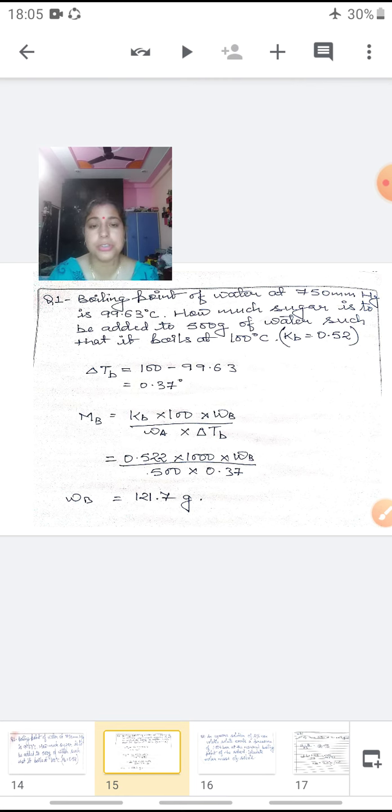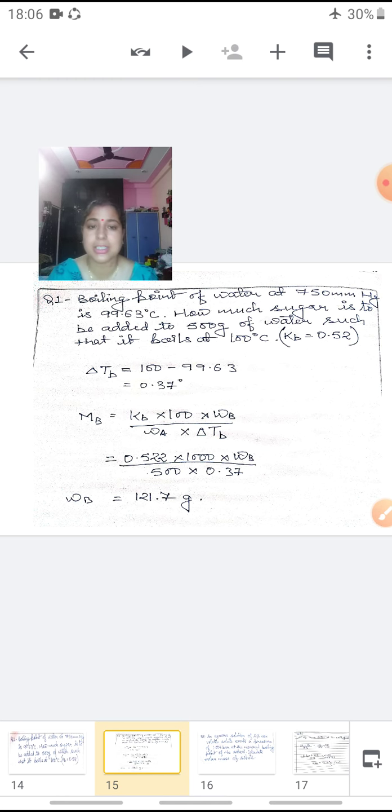KB is also given to you, that is 0.52, multiplied by 1000. It should be 1000 into WB, WB we have to calculate. Weight of solvent WA is already given to you, that is 500. Delta TB we have calculated up, that is 0.37. Now putting all these values, we get the answer of WB as 121.7 grams.